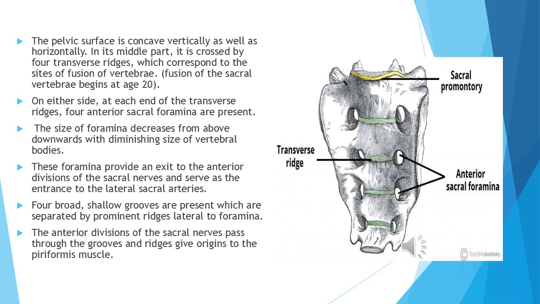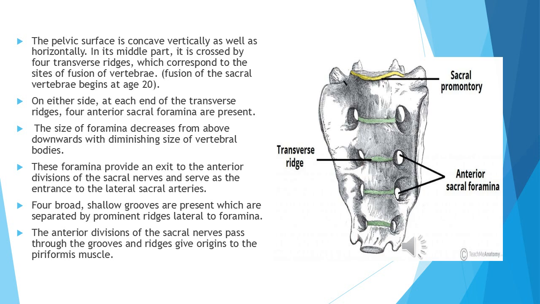These ridges on either side end at the four pelvic sacral foramina, or anterior sacral foramina, which communicate with the sacral canal through the intervertebral foramen. The bony bars between these foramina represent the costal elements.